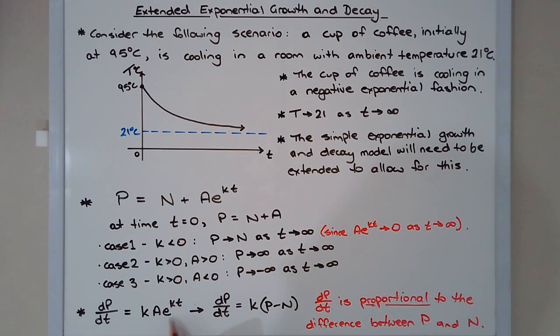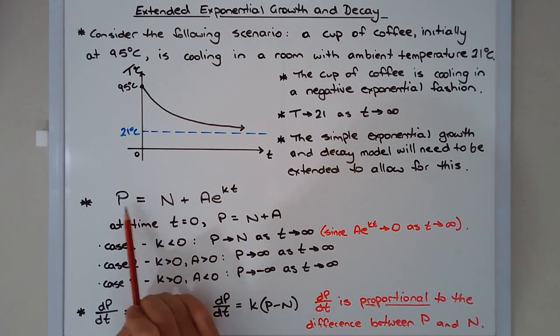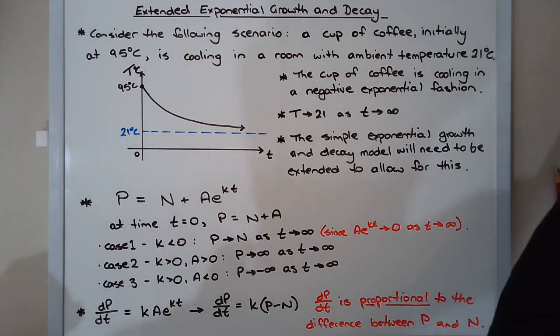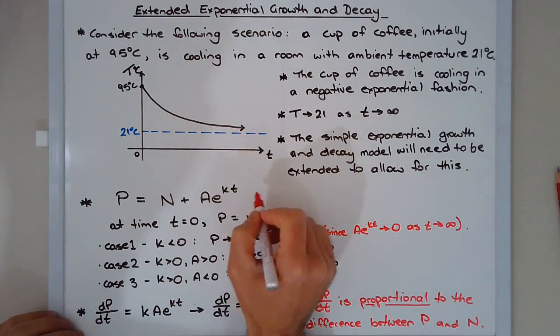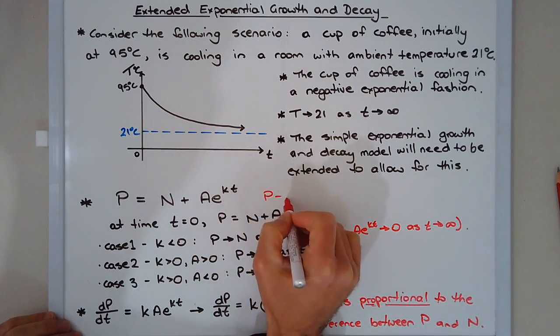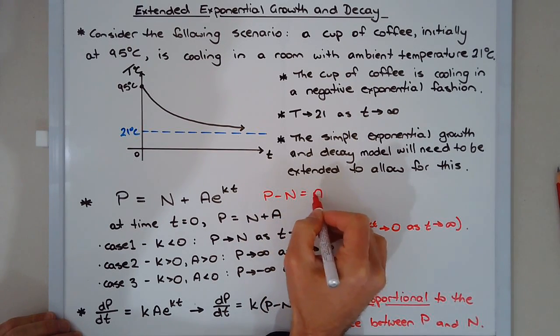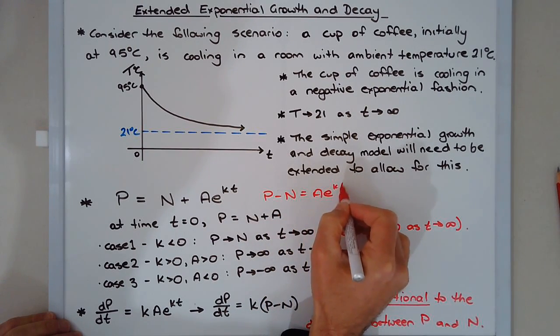You notice this A e to the kt here. If you go back to the extended exponential growth and decay formula and subtract n from both sides, P minus n is equal to A e to the kt.